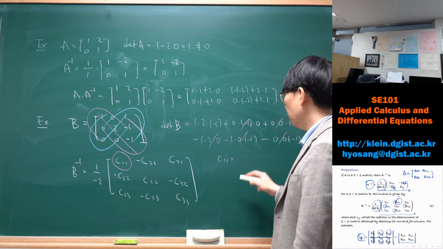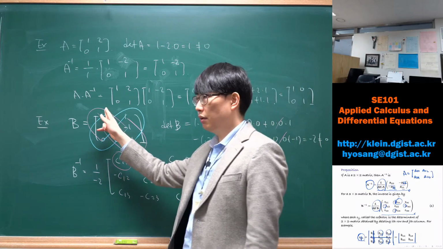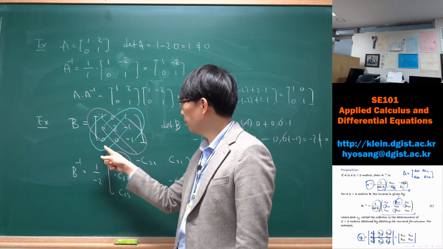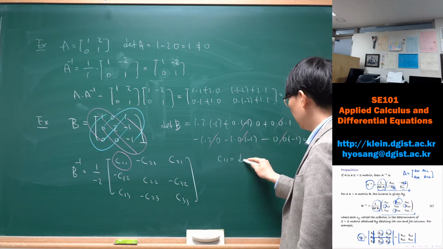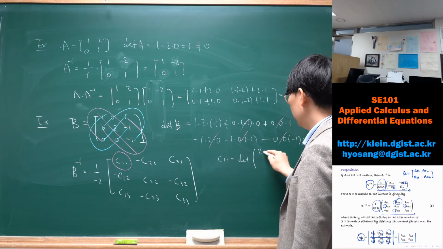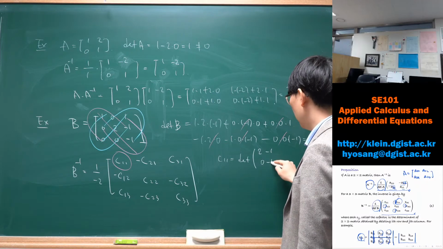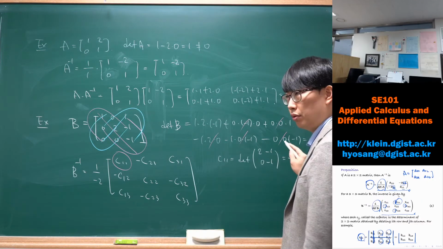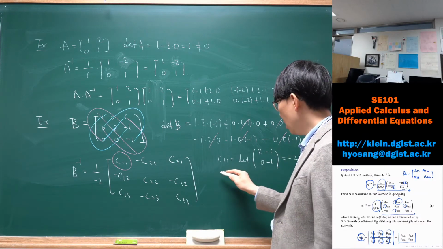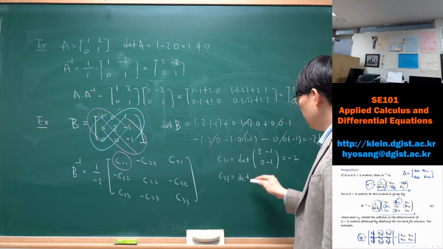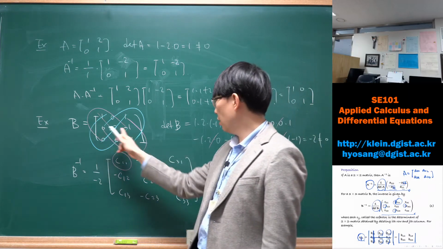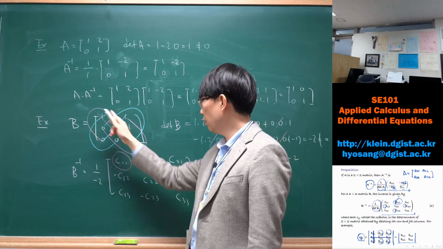So what's C11? I have to delete the first row and first column and then take the determinant. So this is the determinant of 2, minus 1, 0, minus 1. But this is minus 2. Okay. And what's C21? I have to delete the second row, first column.